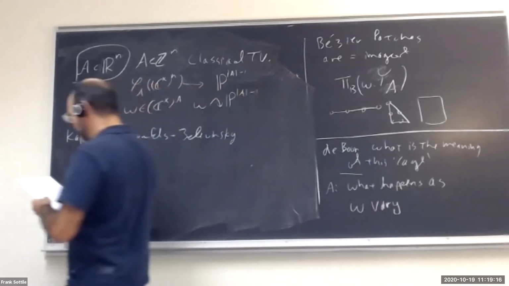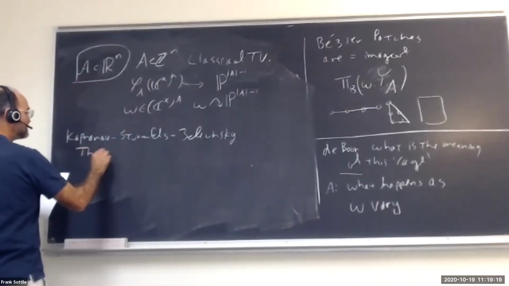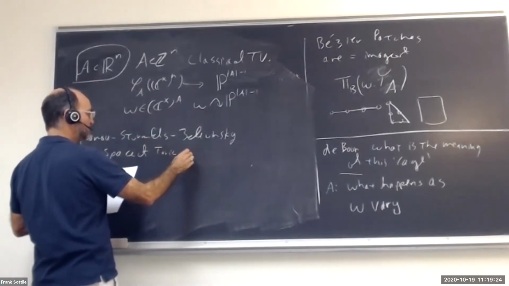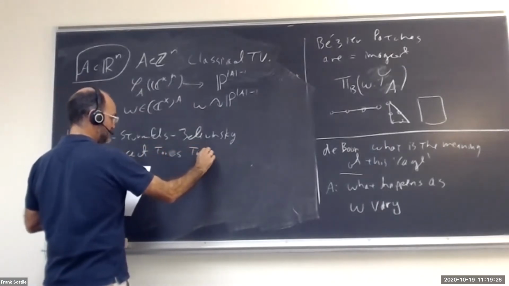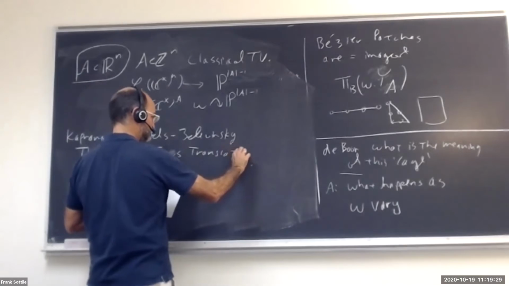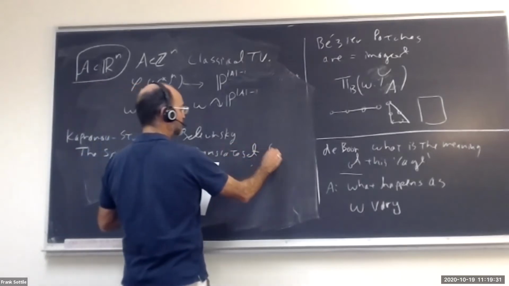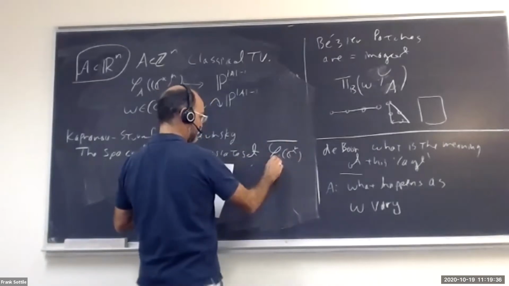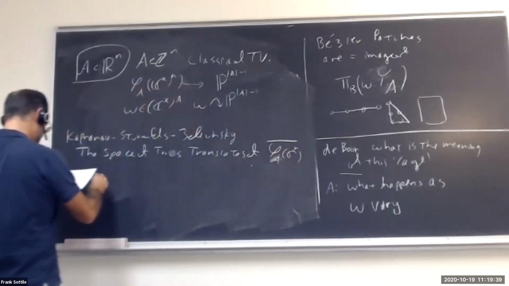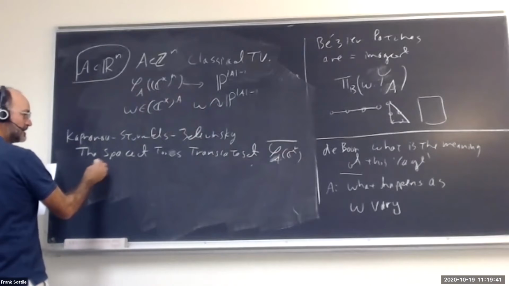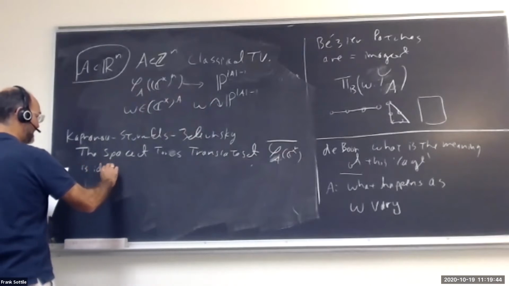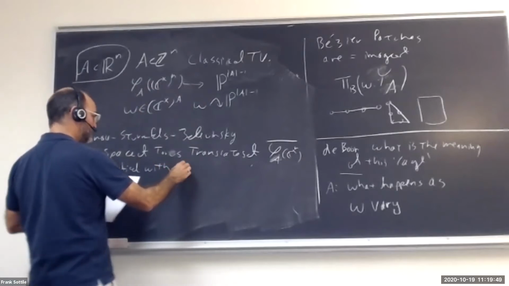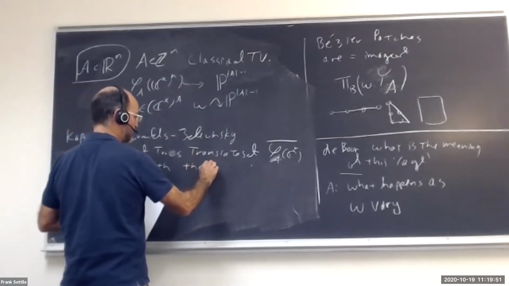So their result says that the space of torus translates of this closure, so this is a toric variety, is identified with, well, it is a toric variety, but they identify the toric variety.